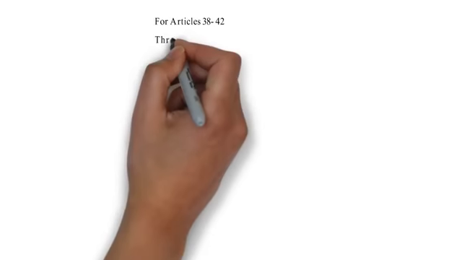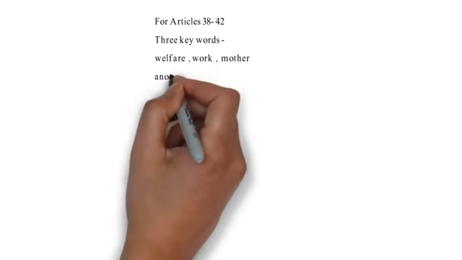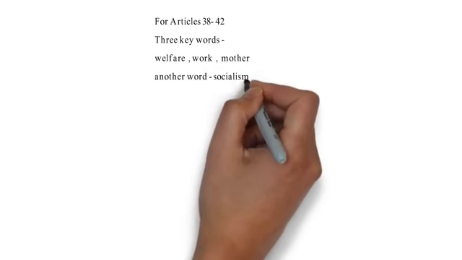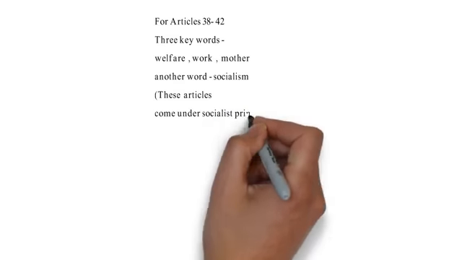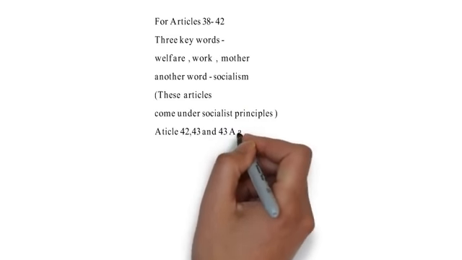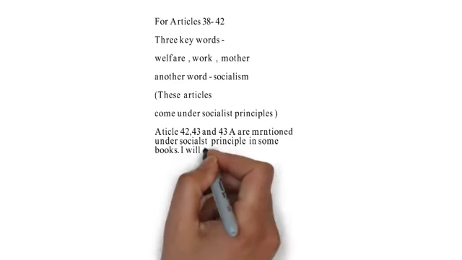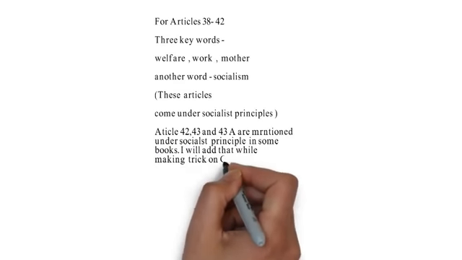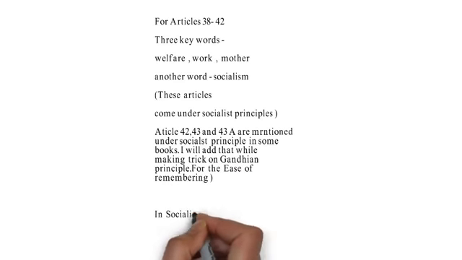Now you will be able to form a sentence from 3 keywords, and we have another keyword here which I have not mentioned here, that is socialism. That word will help you to remember that all these articles come under socialist principle. So you can form your own sentence, or I am just providing you a sentence.